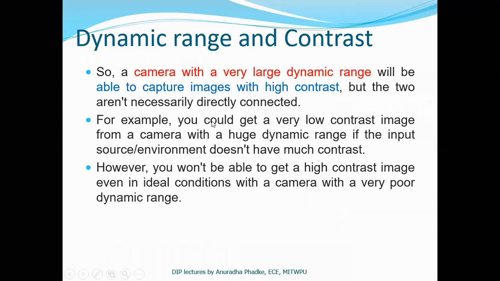For example, you could get a very low contrast image even from a high dynamic range camera. If your source itself has low contrast, even with a high dynamic range camera you will get a low contrast image. But if your source itself has high contrast, a camera with high dynamic range can capture that high contrast image.